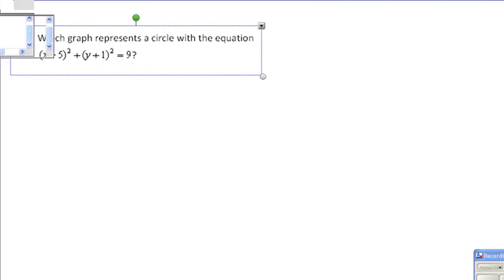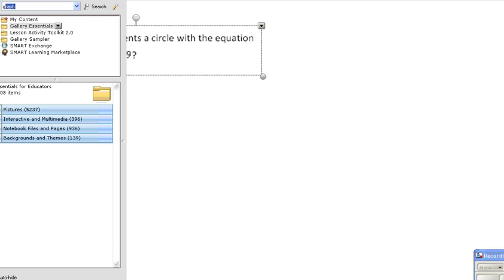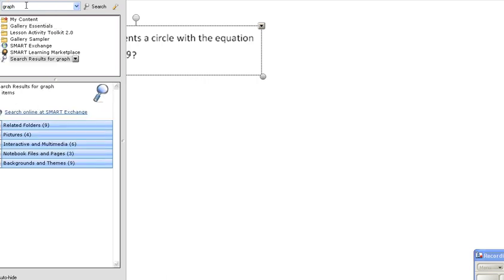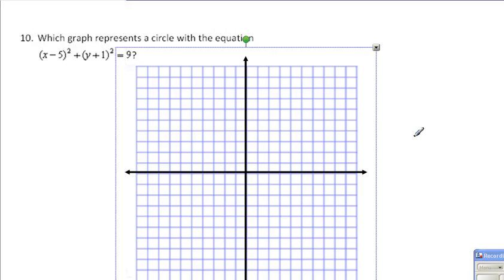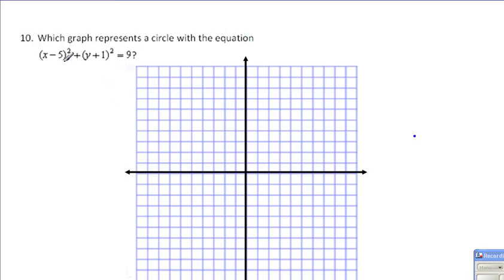Let's try to sketch this one. Alright, so the center is 5 comma negative 1. That becomes the center. Since r squared is equal to 9, then the radius must be equal to 3.